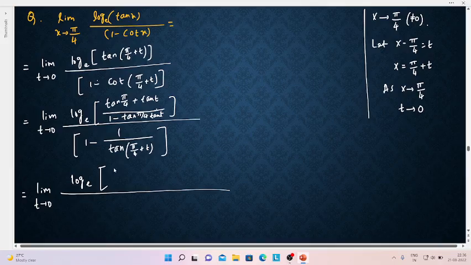So tan pi by 4 is nothing but 1, so we have 1 plus tan t, and on the denominator we have 1 minus tan t, because tan pi by 4 is nothing but 1.